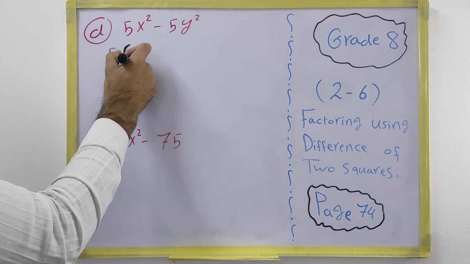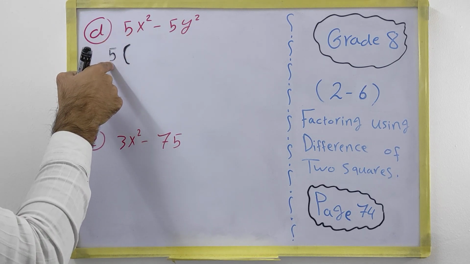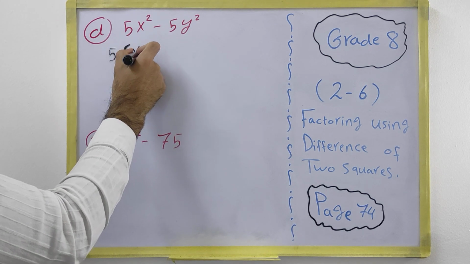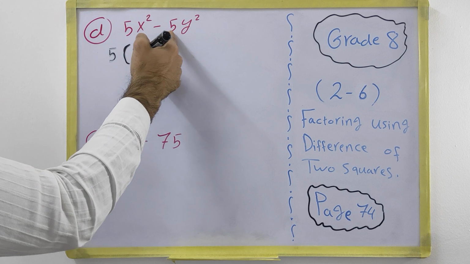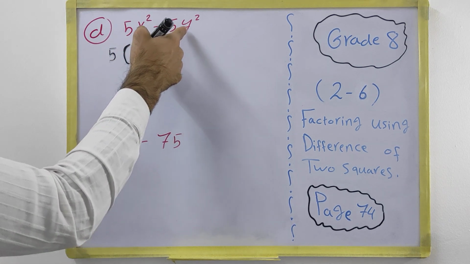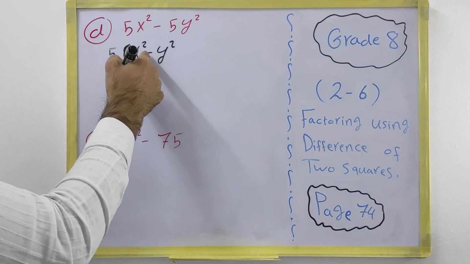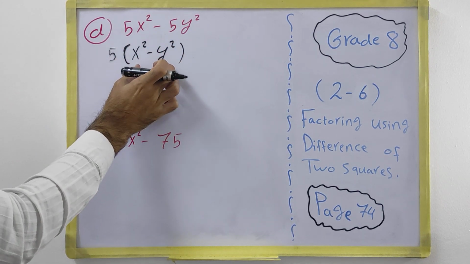Then we open a bracket. 5x power 2 divided by 5. 5 divided by 5 is 1. And we will write x power 2 minus 5 divided by 5 again 1, y power 2. This is 1x power 2 minus 1y power 2. Now this is a perfect square.